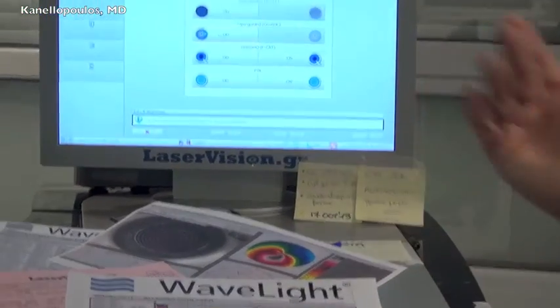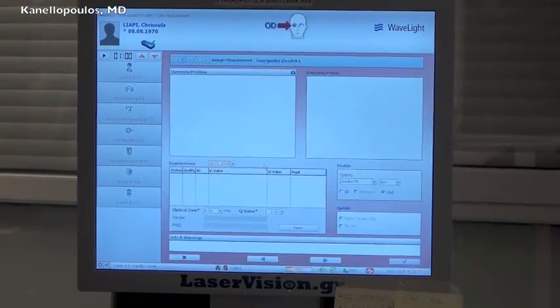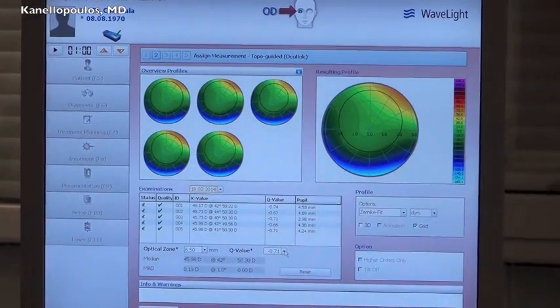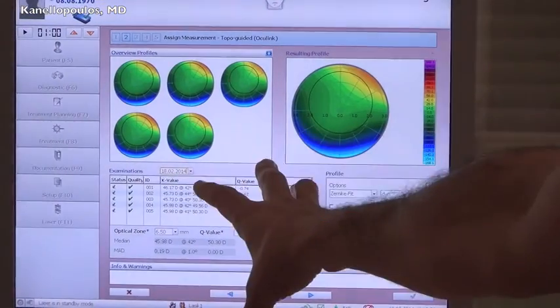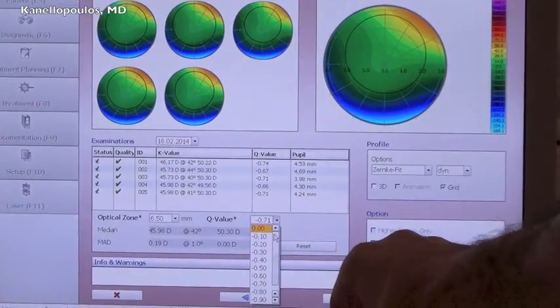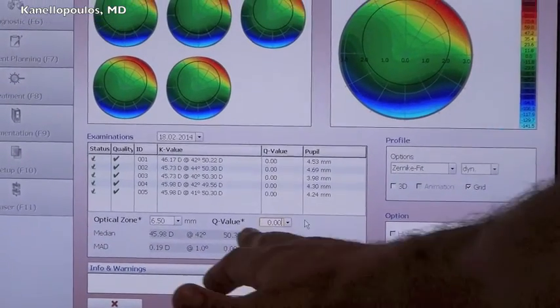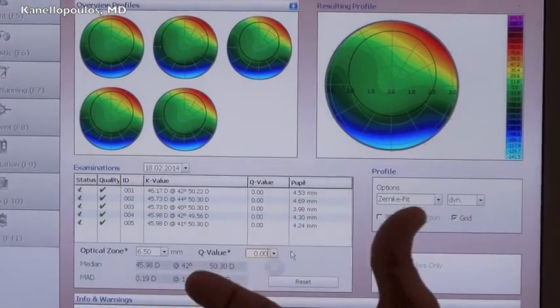So we're going to first draw up, let's do the oculizer first, the Pentacams. So this is the WaveLight Refractive Suite. This is the EX500 excimer, and we're seeing here the 5 Pentacams that have come up. Because the keratoconic eyes are super prolate, we don't have to adjust Q value. We put Q value at 0 because that saves us some tissue.